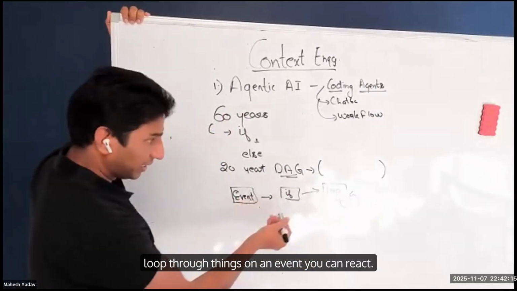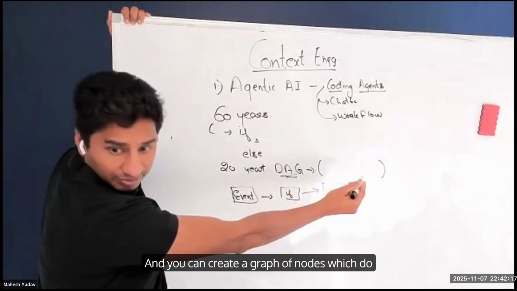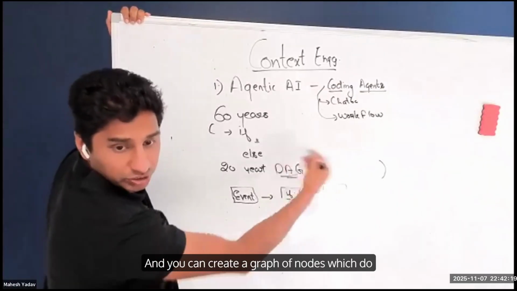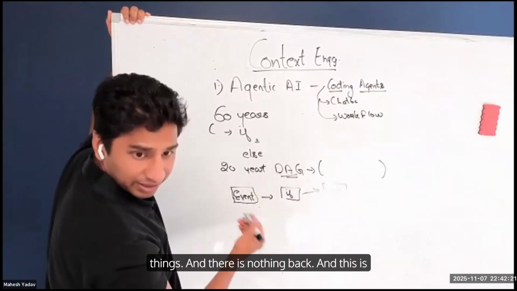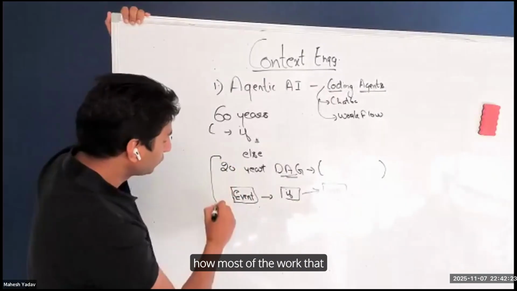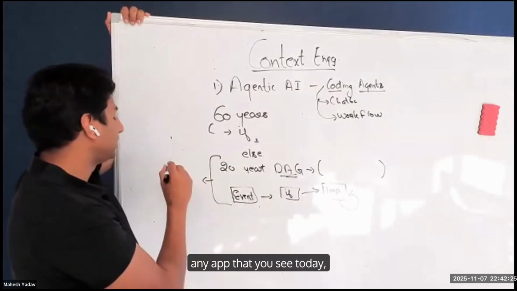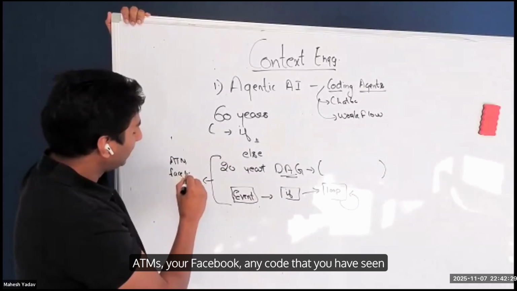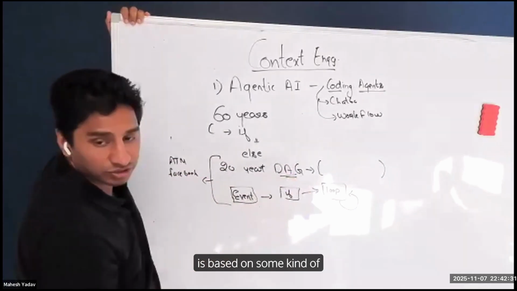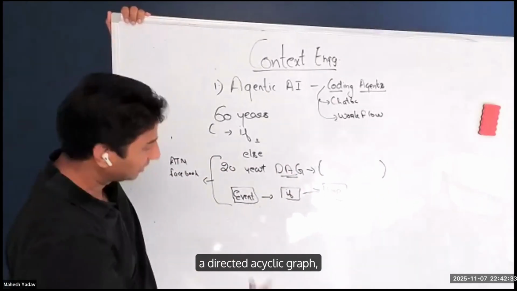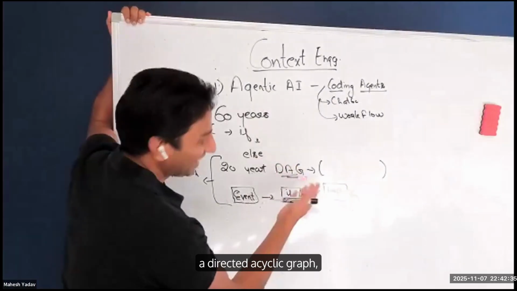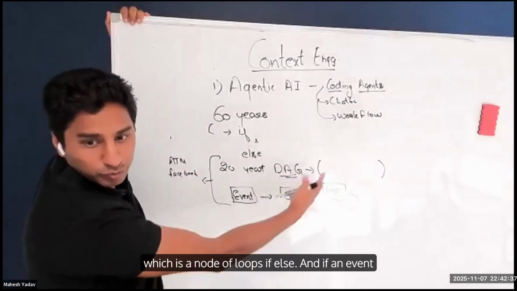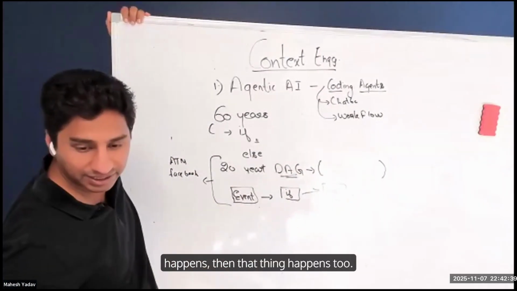On an event, you can react, and you can create a graph of nodes which do things, and there is nothing back. This is how most of the work in any app you see today, ATMs, your Facebook, any code that you have seen, is based on some kind of directed acyclic graph, which is a node of loops, if-else, and if an event happens, then that thing happens too.